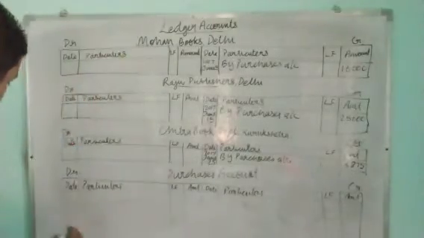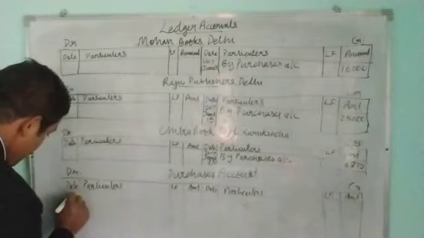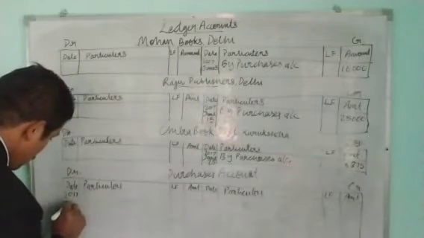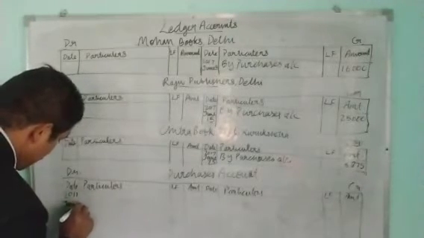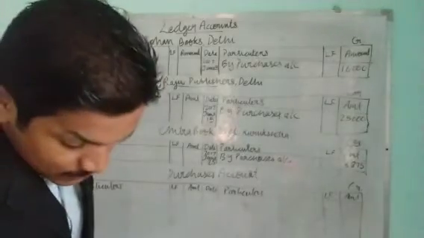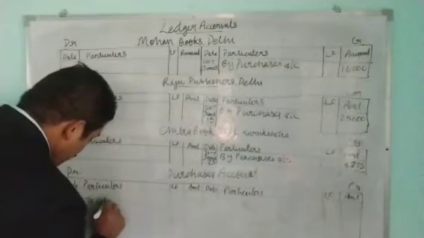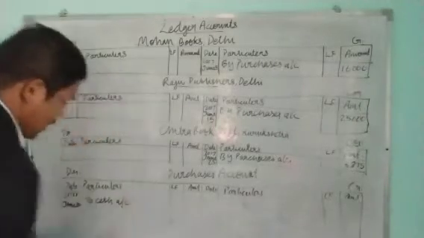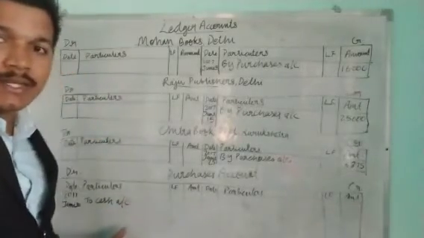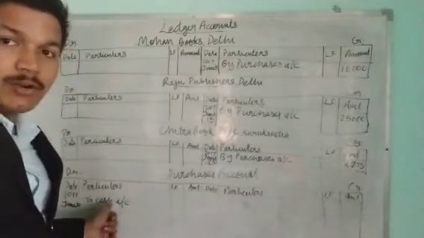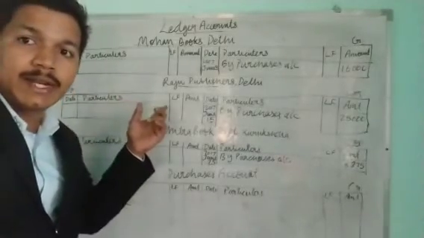So the first transaction, 2017 June 30, is to cash account. Here we are writing cash account because this transaction we already entered in the cash account.